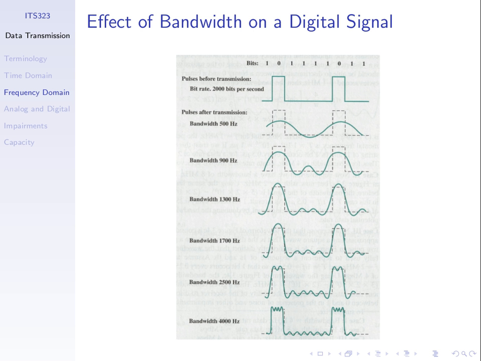And the bottom ones show different analog signals when we increase the bandwidth of that signal. If we use a bandwidth of 500 hertz, the analog signal generated in this example looks like the green sine wave here. The ideal signal is the 2 pulses here at the top.